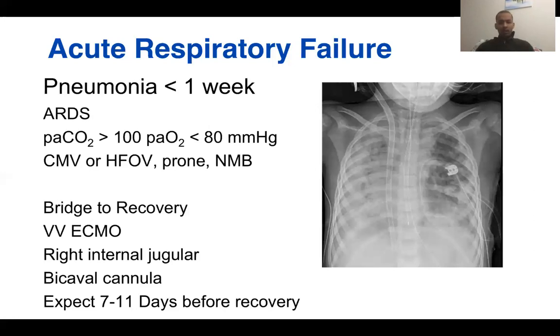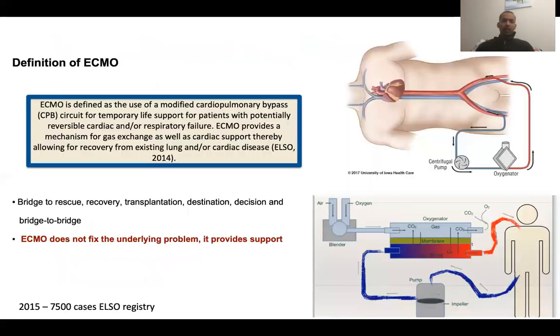So this is a cannula, an example would be an Avalon cannula, right? Right internal jugular bicaval cannula, as you see here, yes, and expect 7 to 11 days before recovery. Right, so this would be an example of a case.